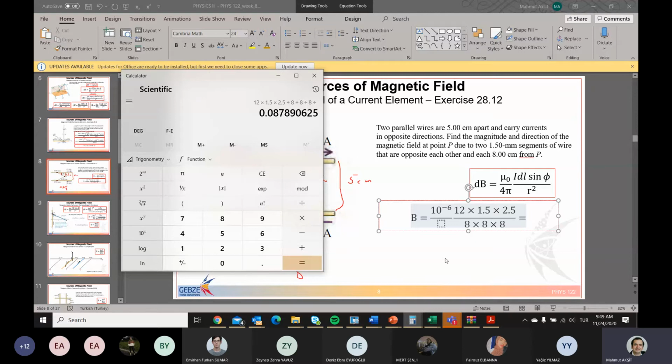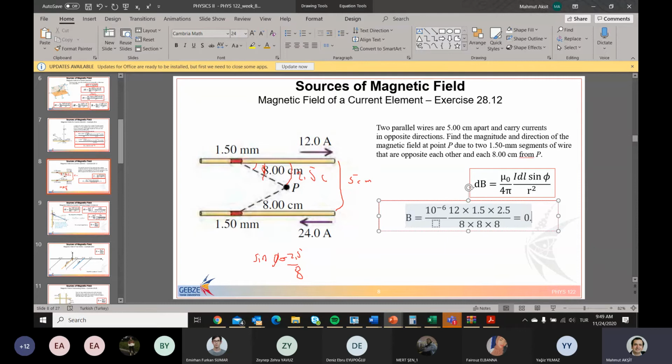Let's call it 10 minus 6 Tesla. Okay, that is for the upper one.